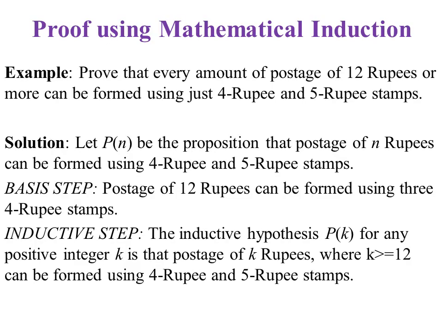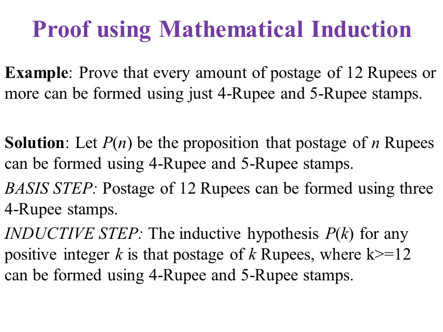The problem statement will be the same. That is, any amount greater than or equal to 12 rupees can be formed using 4 rupee and 5 rupee stamps. Let us get into the solution.